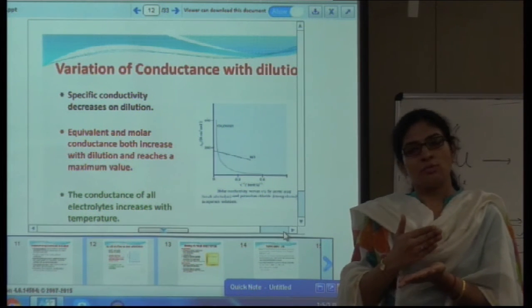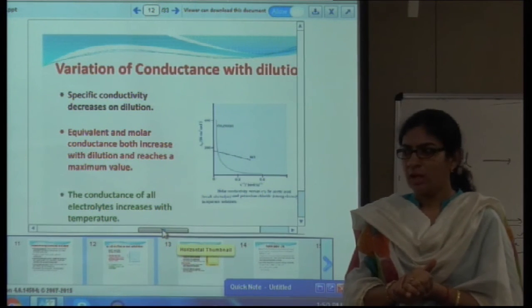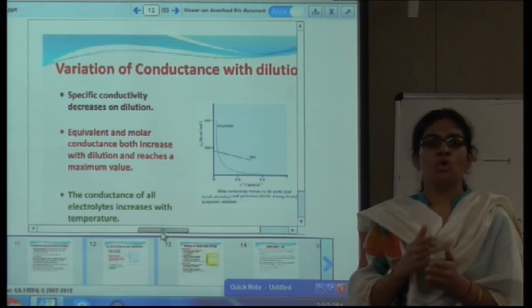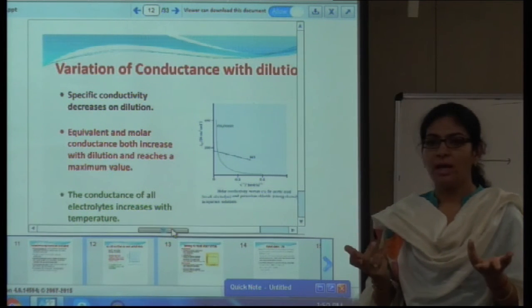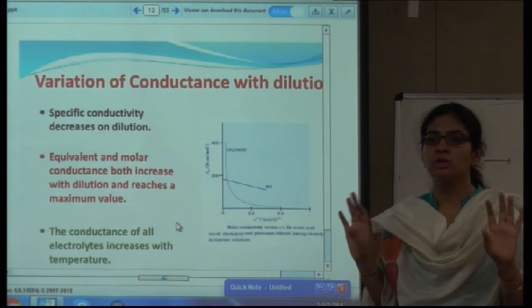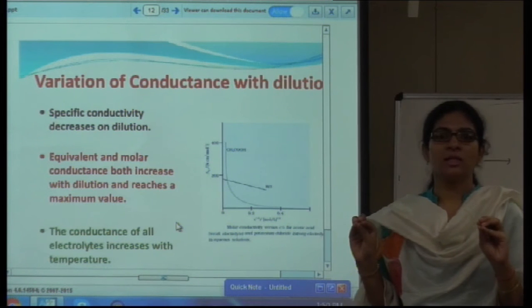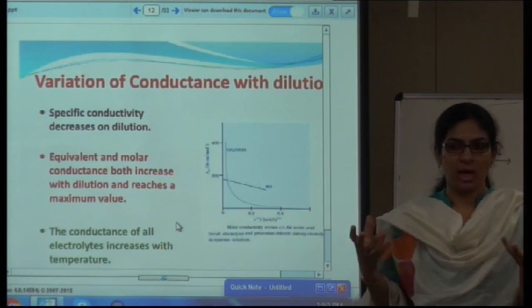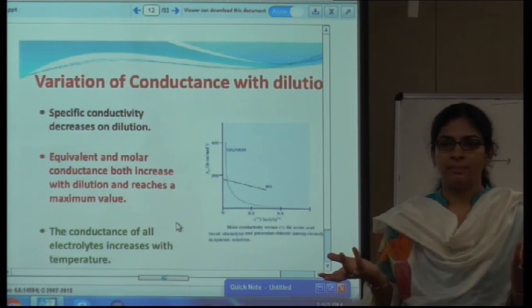So what do you see? That in case of strong electrolyte also you observe an increase in the conductance, but the increase is not because of an increase in number of ions. Why? Because it has already dissociated to 100% extent. So you can't expect more number of ions on dilution. So what is the reason then, right?